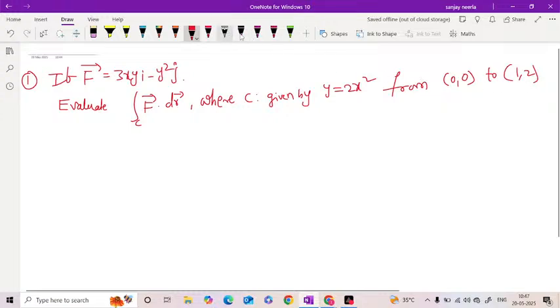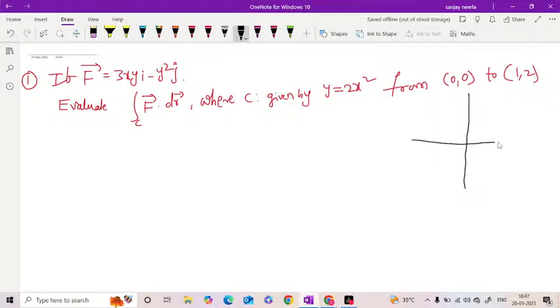Now what is our given curve? Assume this is the y axis and this is the x axis, and what is our function? Y is equal to 2x square.